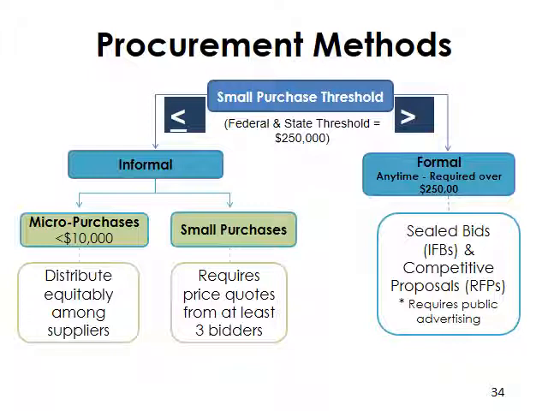When the value of the purchase is estimated to be less than or equal to $250,000, informal methods including micro-purchase and small purchase may be followed. For any purchases greater than $250,000, the formal procedures including sealed bids, IFBs, and competitive proposals, RFPs, must be used.